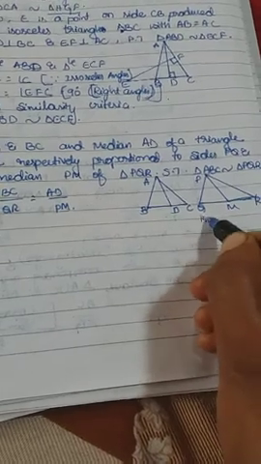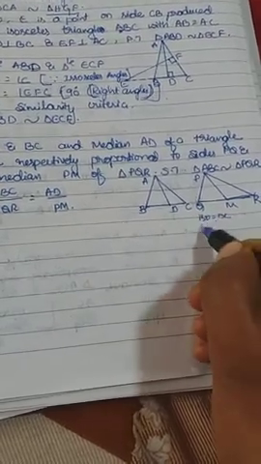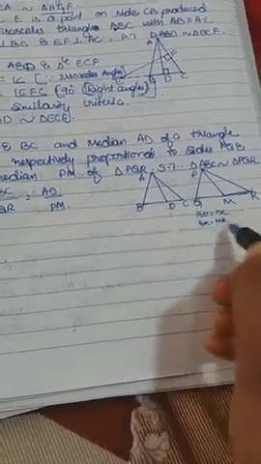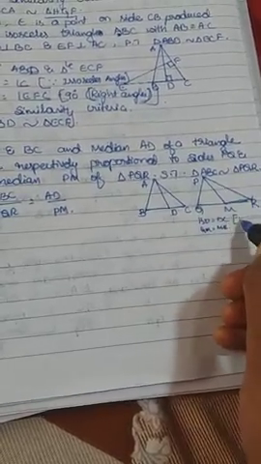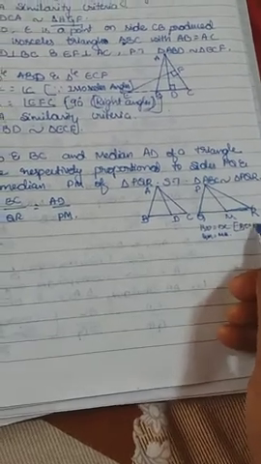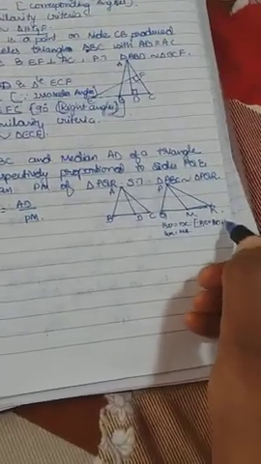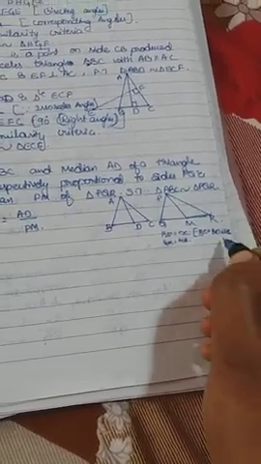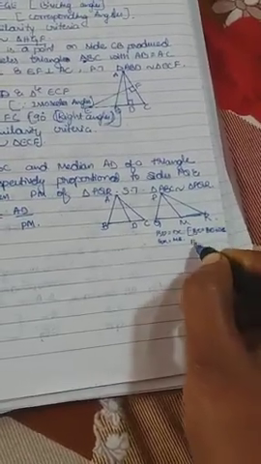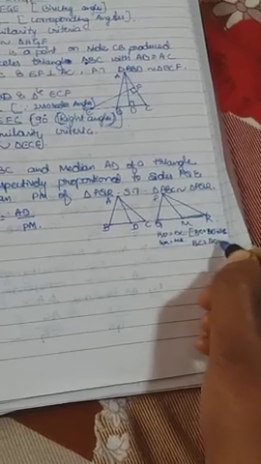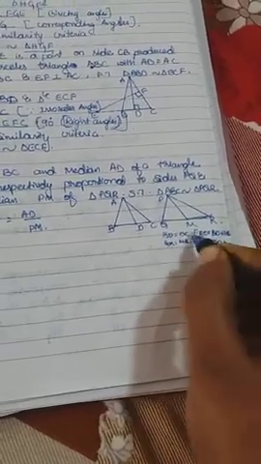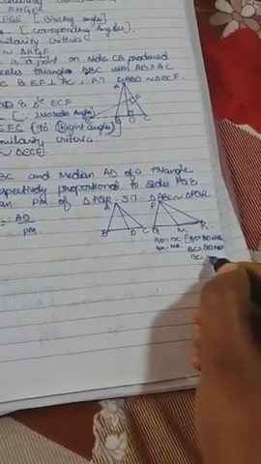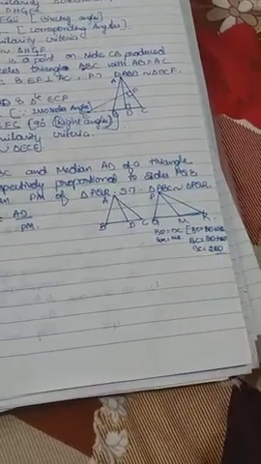BC means BD plus DC. Instead of DC we can write BD only, BD plus BD, because BD equals DC. So BC equals 2BD. Hope you understand now.